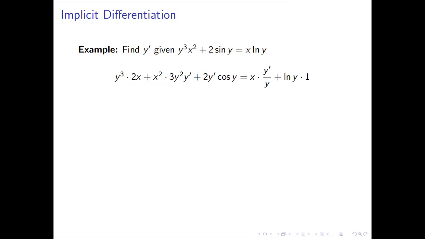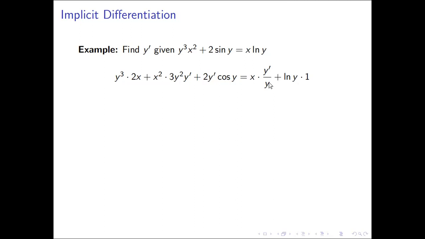And to be able to do that, we have to transpose all terms containing y prime on just one side of the equation. But first, let me simplify this equation by multiplying by the LCD, which is y here, the only term in the denominator.